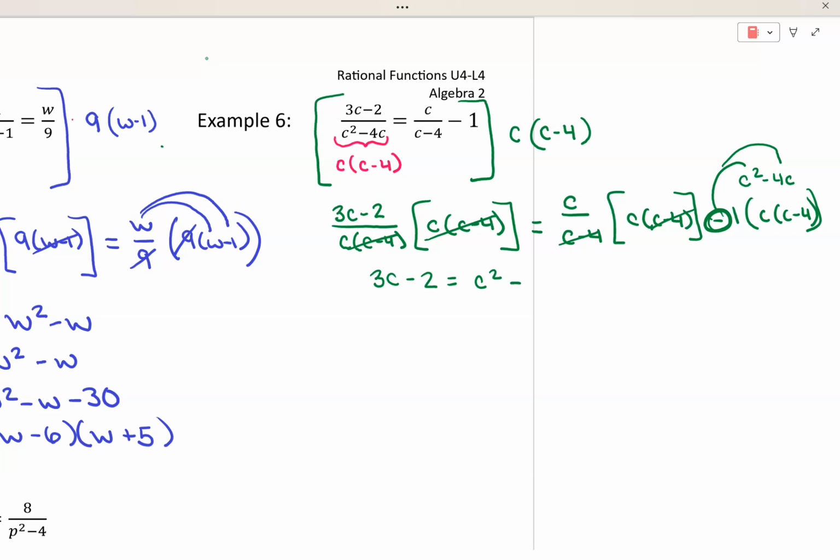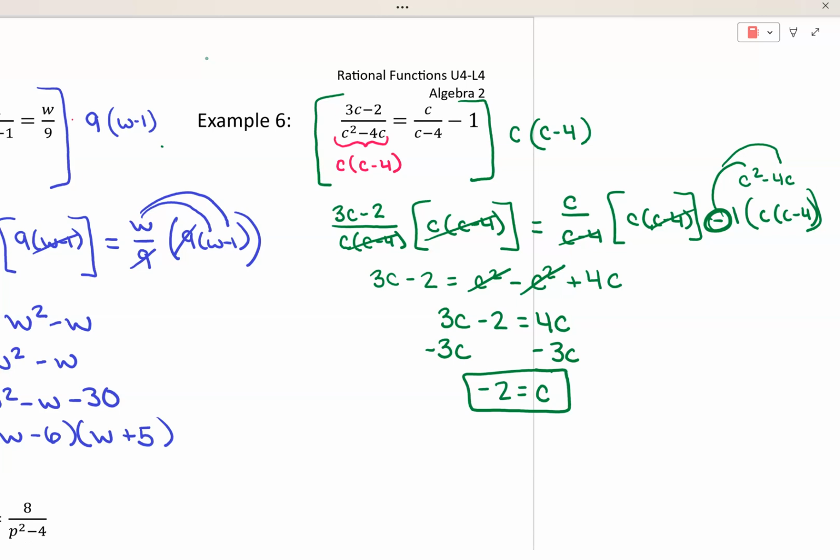So that means we're going to have minus C squared and then plus 4C. Yay, so on this one, these are going to cancel. So we're just going to have 3C minus 2 equals 4C. Subtract that 3C, so negative 2 equals C. And hopefully you check that and you will see that it will work.